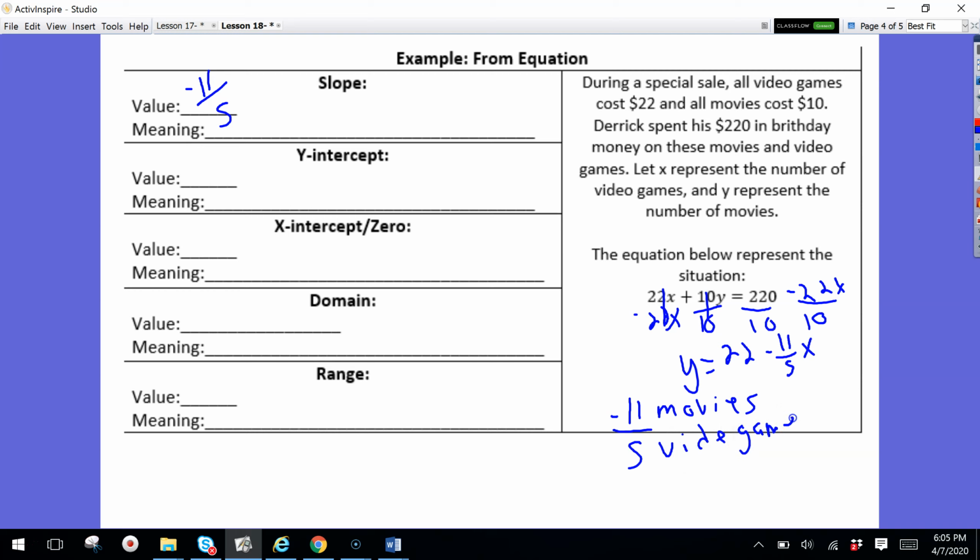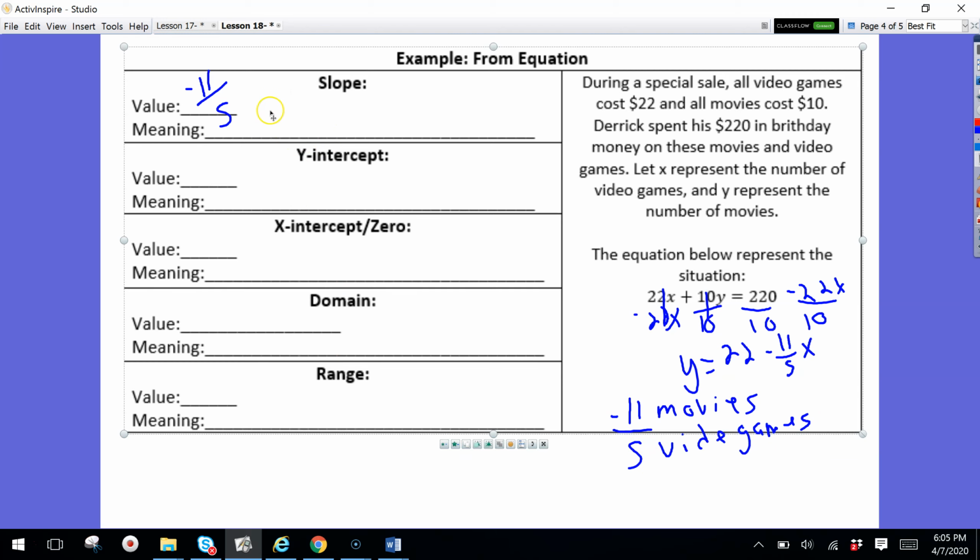So we have negative 11 movies per 5 video games. So this basically means that for every 5 video games that you decide to buy, you can't buy 11 movies, or so forth. For every 11 movies you buy, you can't buy 5 video games. There's a negative relationship, right? Because if you buy 11 movies, you can't buy some of the video games. You don't have an infinite amount of money.